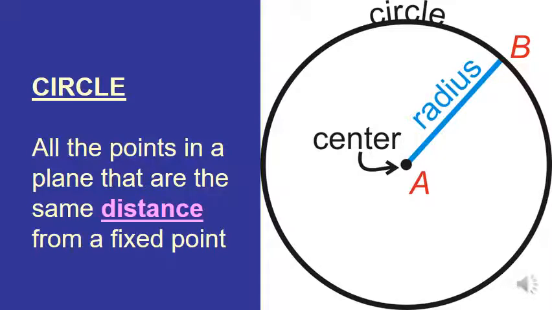The single most important word in that definition is distance. And that's why last week we spent some time learning about the distance formula and how you find the distance between 2 points, because distance is what we're going to use to figure out how we work with equations of circles.